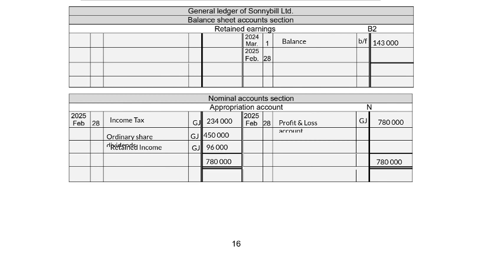Now the 96,000, as I said, is your balancing figure. So it's the 780,000 minus the 450,000 minus the 234,000.